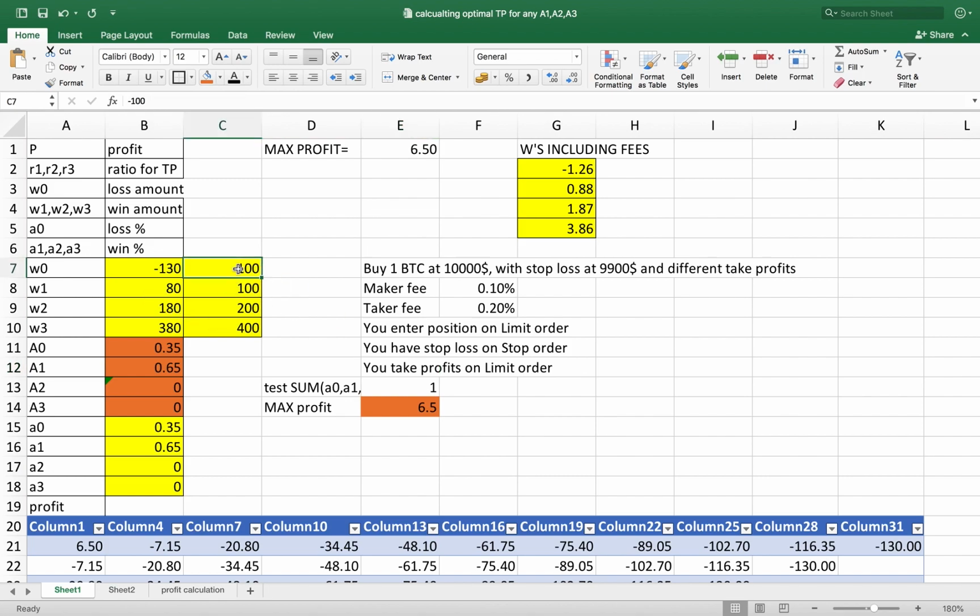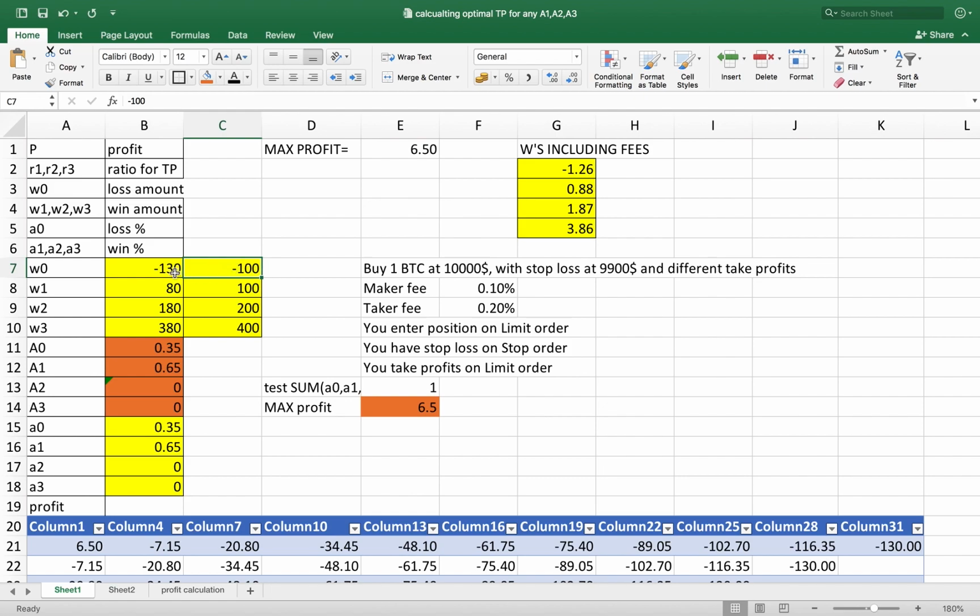So we have these two numbers here. If we win 100, and if we lose 100, we have to add these fees to it. If we bought at 10,000, we had to pay at limit order 0.1%, which is $10.